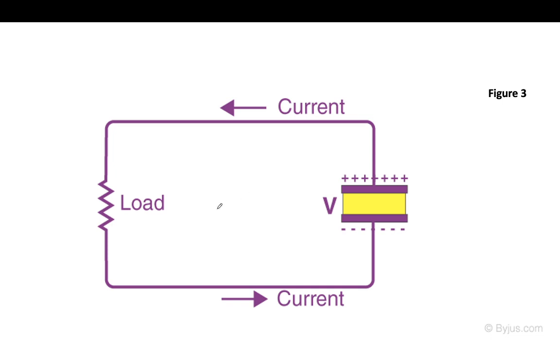So now look at this diagram. Here we remove the voltage source. If these two plates, positive and negative, are connected with a load, the current flows through the load from plate 1.